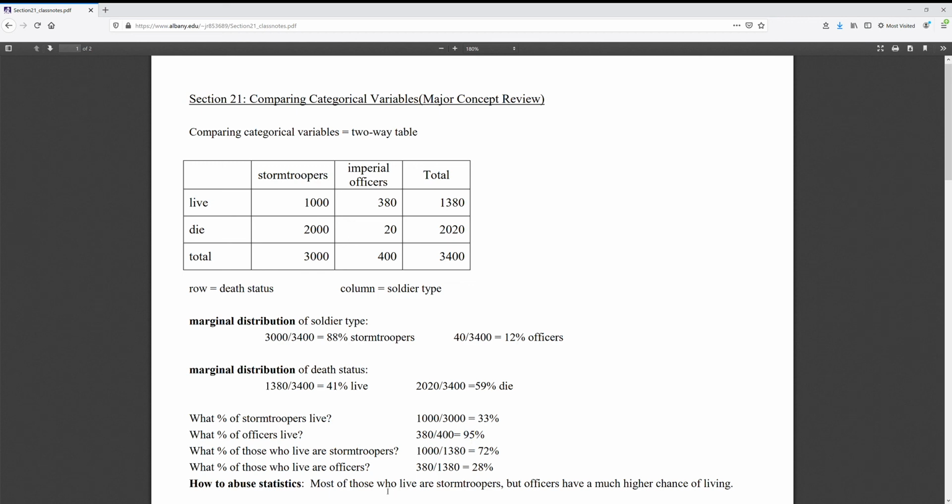As for the other way of looking at it, most of those who live are stormtroopers. Well, that's true. But what did we not compute? What percentage of those who die are stormtroopers? Well, of those who die, 2,000 out of 2020 are stormtroopers, and that also is very high. Let's just take a second to compute it. 2,000 divided by 2020 is 99%. So yeah, the majority of those who live are stormtroopers, but the majority of those who die are stormtroopers.